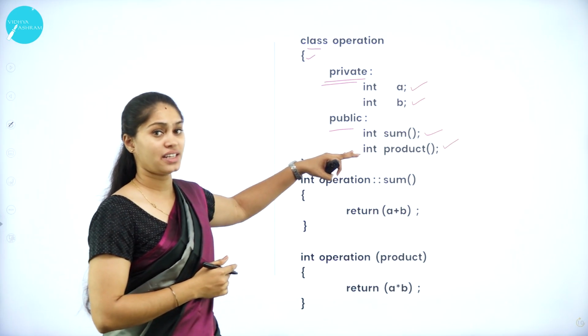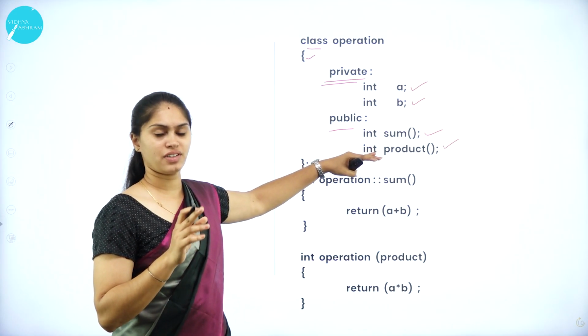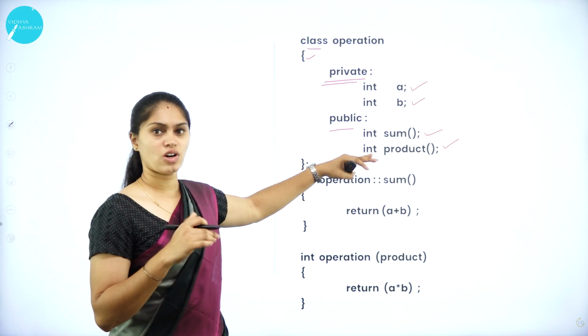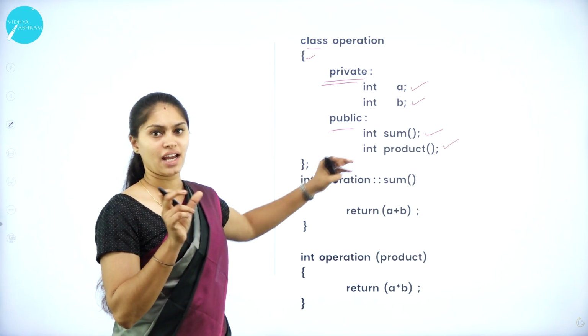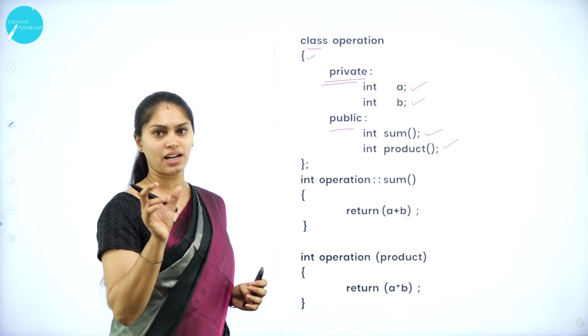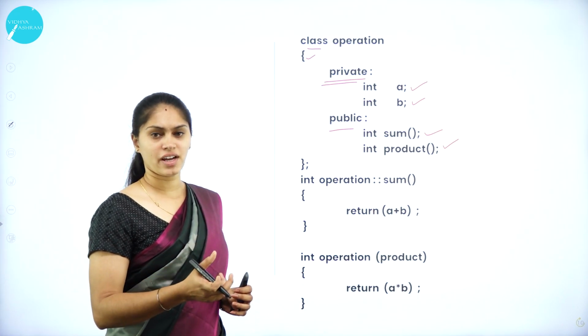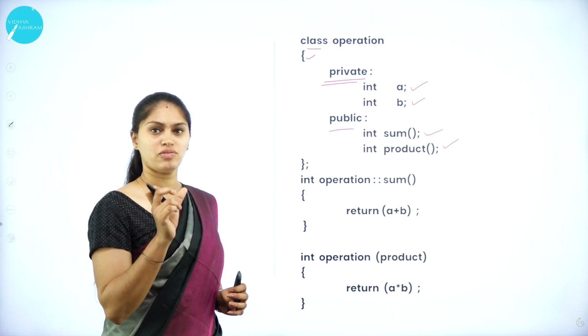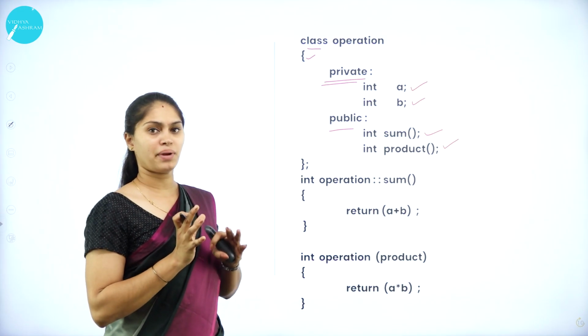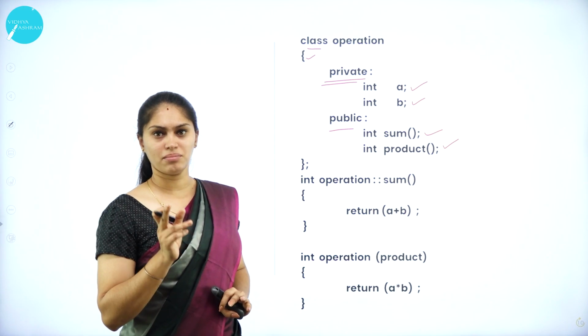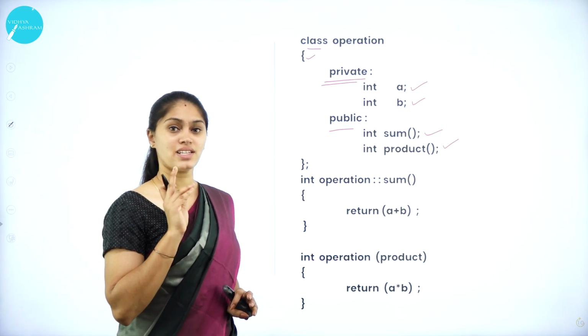So here I am not defining. Defining is different and declaration is different. How to declare? Data type and variable name. That will be enough for a declaration. How to define? In order to define, we need to specify the name of a member function, and that must comprise what? Function body. But here I am not defining, I am just declaring.